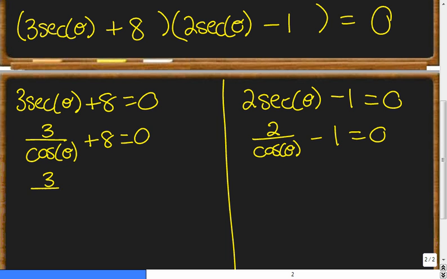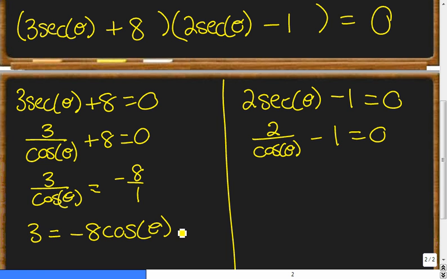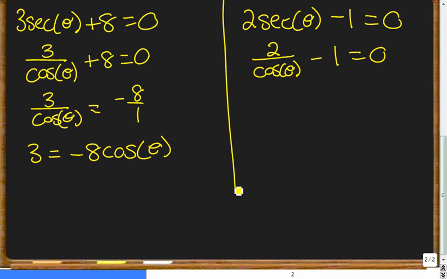So I'm going to get 3 over the cosine of theta equals negative 8 over 1. This tells us that we're going to have 3 equaling negative 8 cosine of theta. So we're going to get the cosine of theta to be negative 3/8.